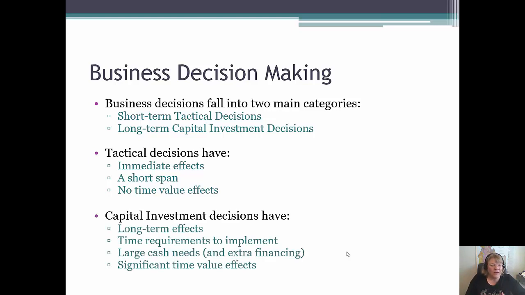And capital investment decisions have long-term effects. It takes longer to build a new plant so that you can make more widgets or gizmos. There's a longer time to implement those plans, and you have a large cash need. And so you have cash, you have financing, stocks and bonds come into that, and then you have significant time value effects.